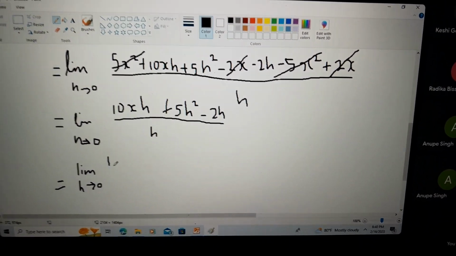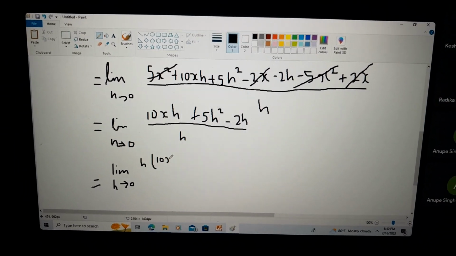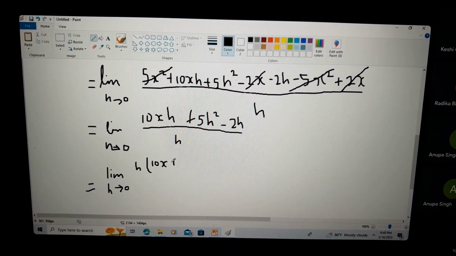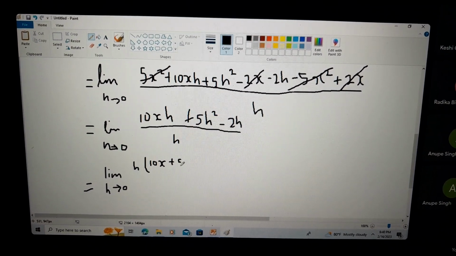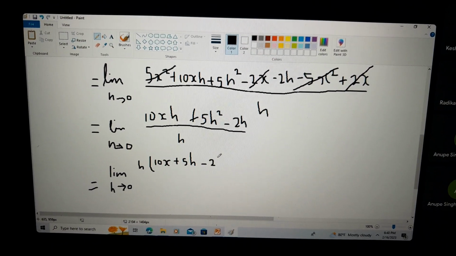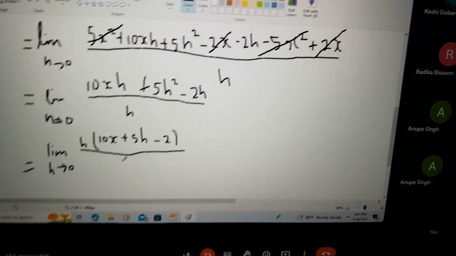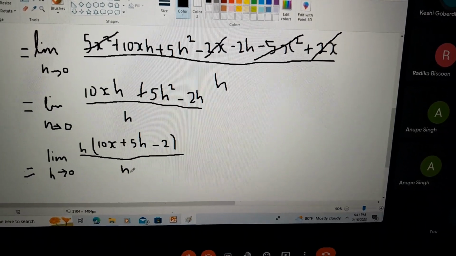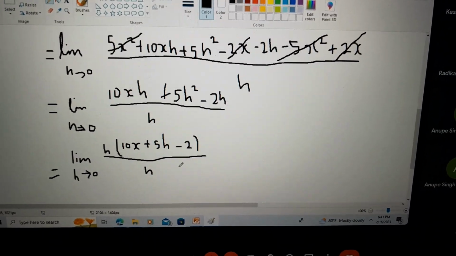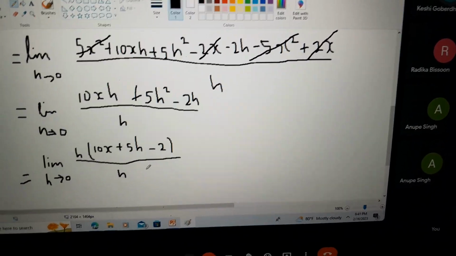So if we take out h, we'll have 10x plus 5h minus 2. Is that correct? Yes, sir. Sir, why did we put that 5? Oh, now I realize. The square. So we're good there? Yes, sir. All right.